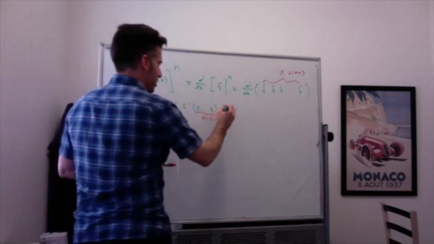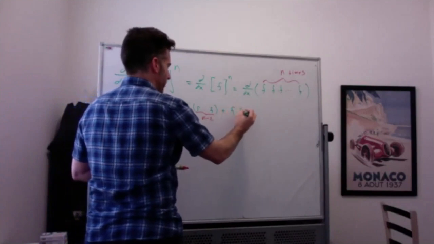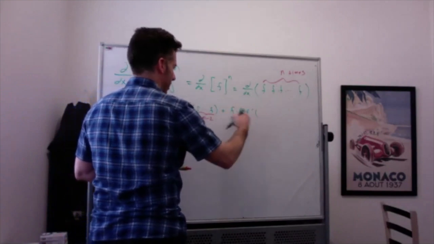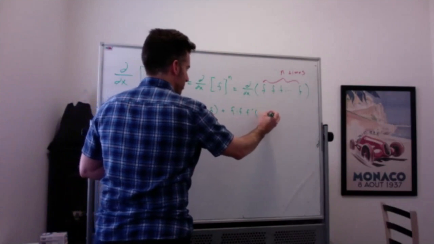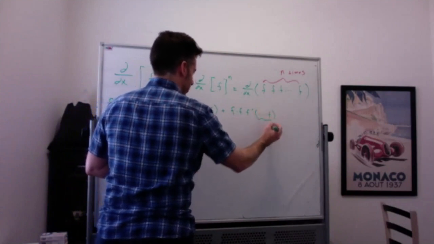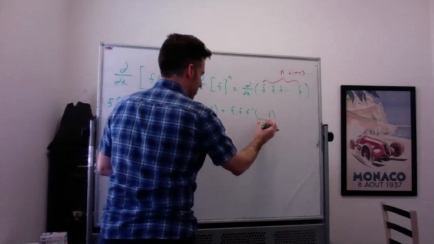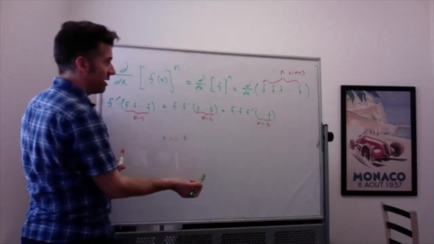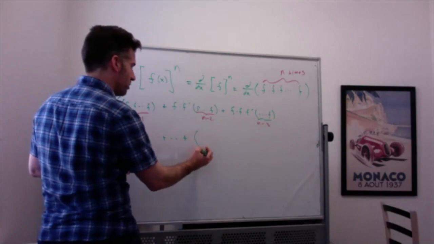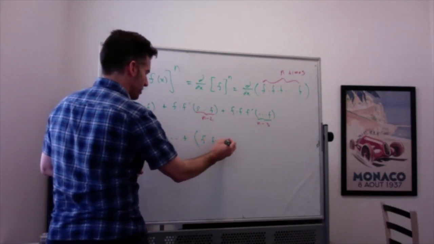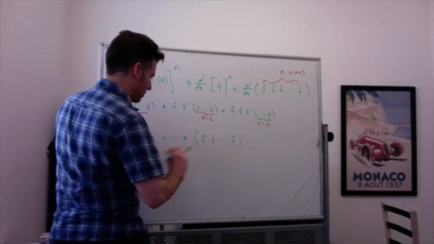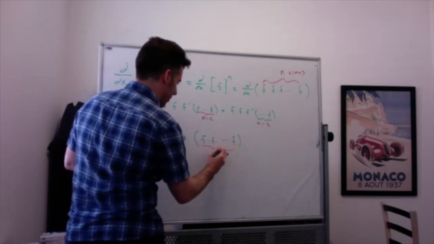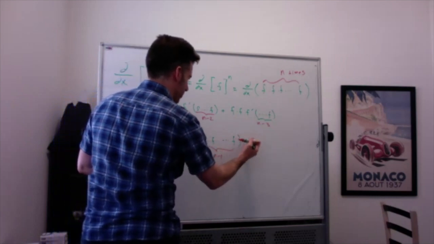And then similarly, you could have f times f prime times the rest f's, and there would be n minus 3 of them there. And so on, all the way to the very last term, which would be f times all the way, n minus 1 of those, and the very last one would be f prime.